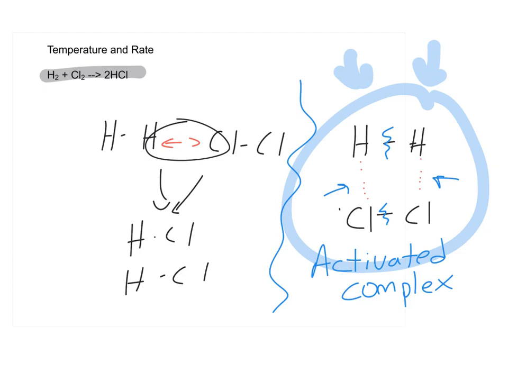You get more molecular movement, more bumping into each other, and more activated complexes forming by random molecular motion. Some people think that temperature increases the likelihood of just one molecule crashing in with just the right amount of energy to make the reaction happen, but it actually increases the average speed and energy of all of the molecules, and what you're getting is a greater likelihood of an activated complex forming.